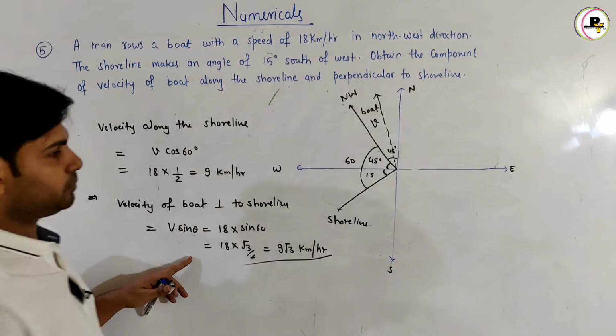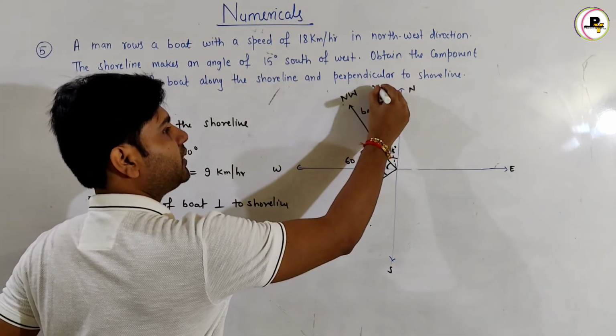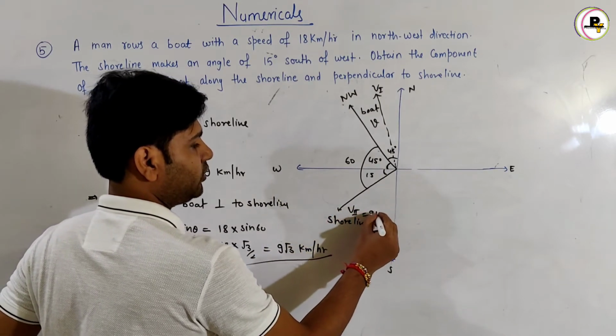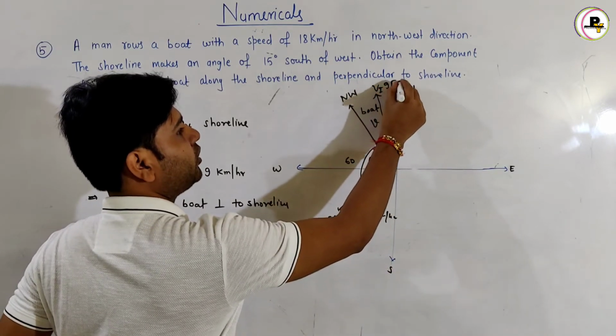So this velocity is perpendicular to shoreline. This is v perpendicular and this is v parallel. This is 9 km/h, and this is 9 root 3 km/h.